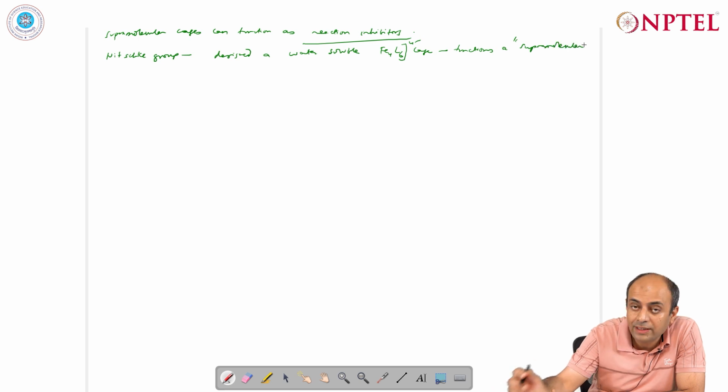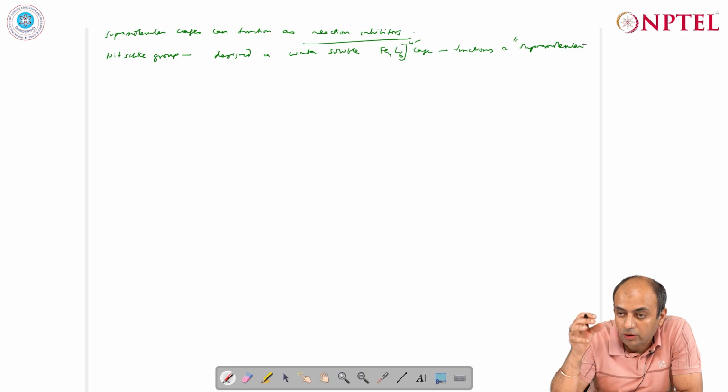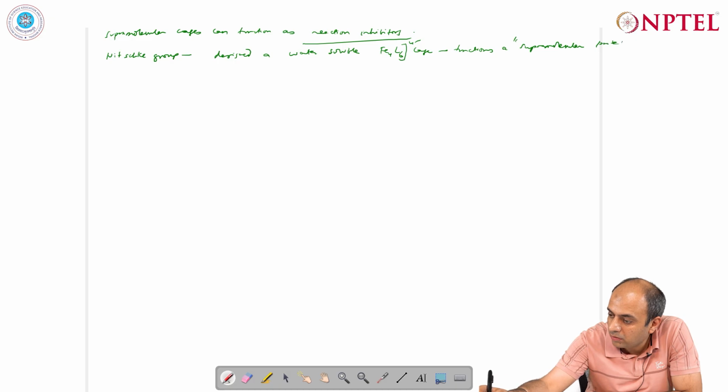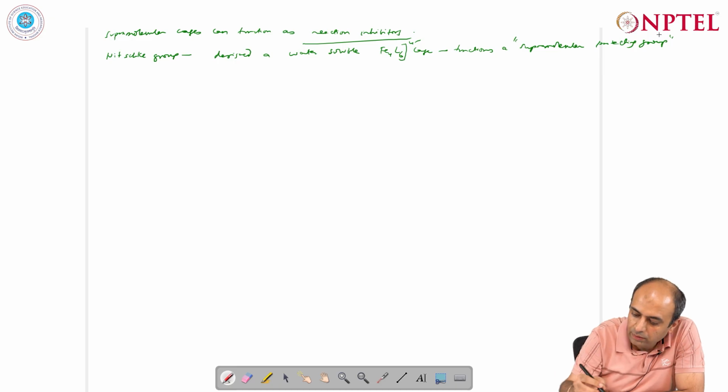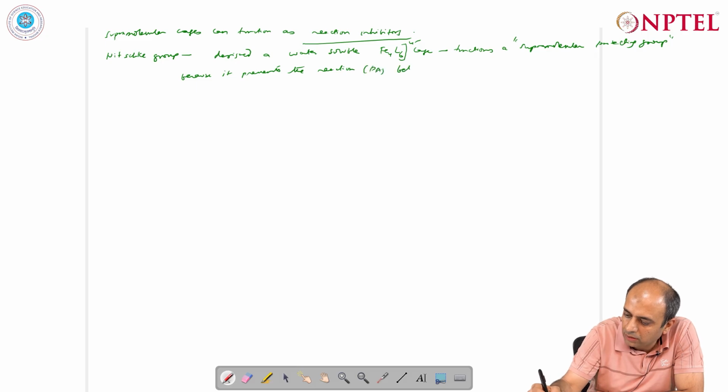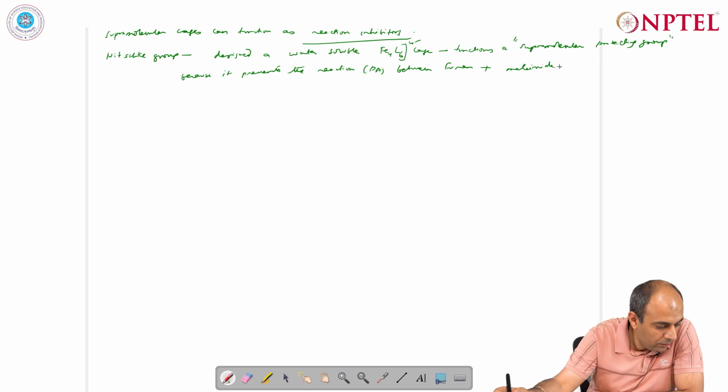Just like you have protecting groups of the covalent kind in organic transformation, this Fe4L6 cage functions as a supramolecular protecting group. Why? Because it prevents the reaction, that is the Diels Alder reaction between furan plus maleimide. Okay. So now let us look at this cage.